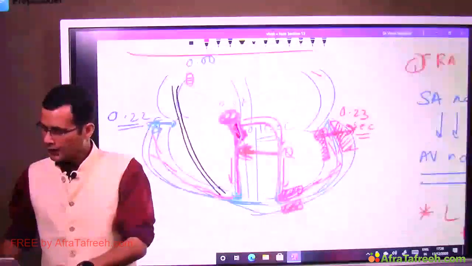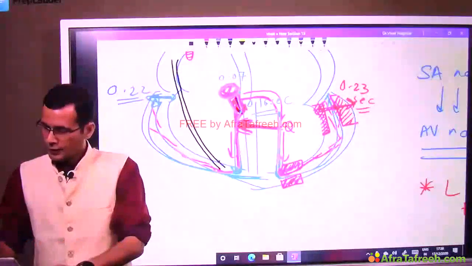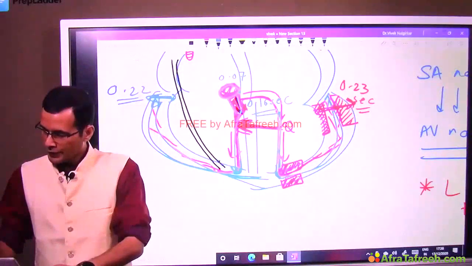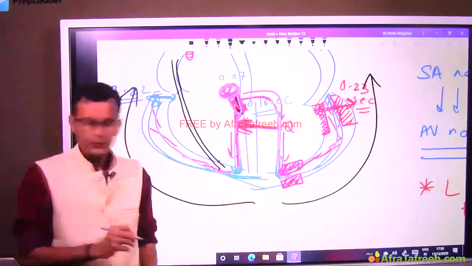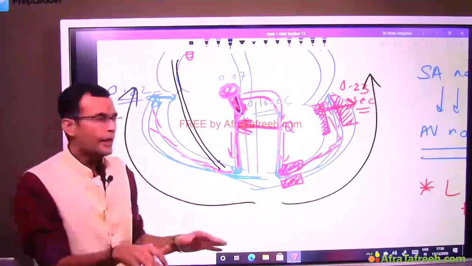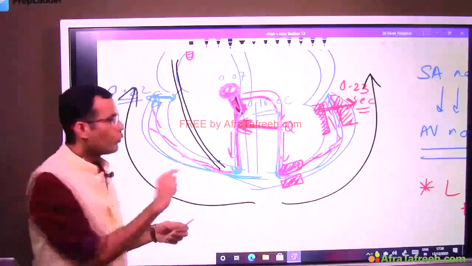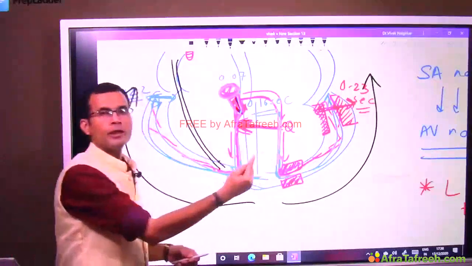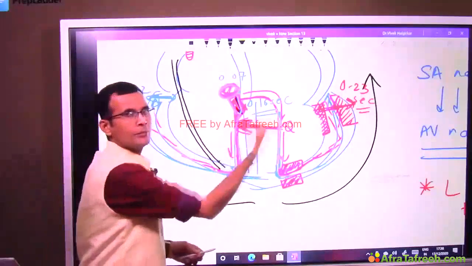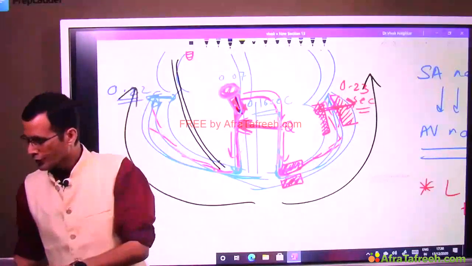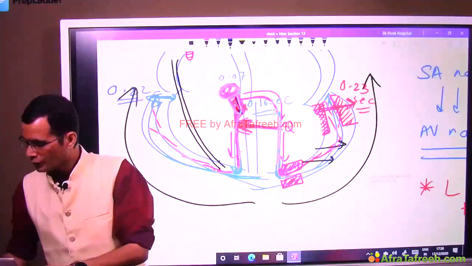Let's see it in the diagram. The depolarization spreads from apex to base like this, and at the same time the impulse goes from endocardium to epicardium, from inside to outside.